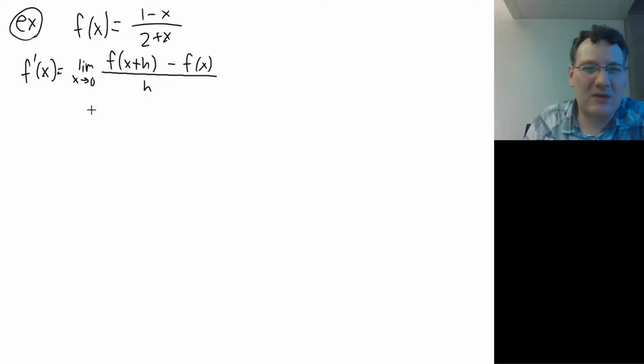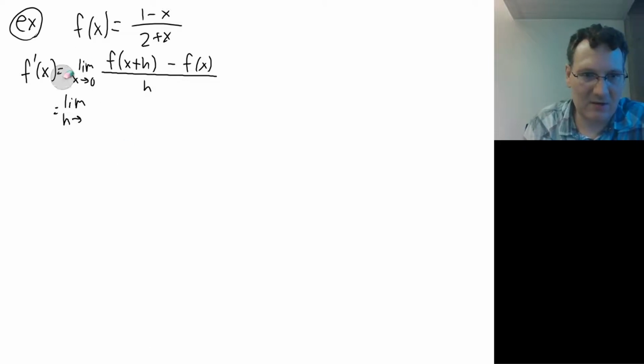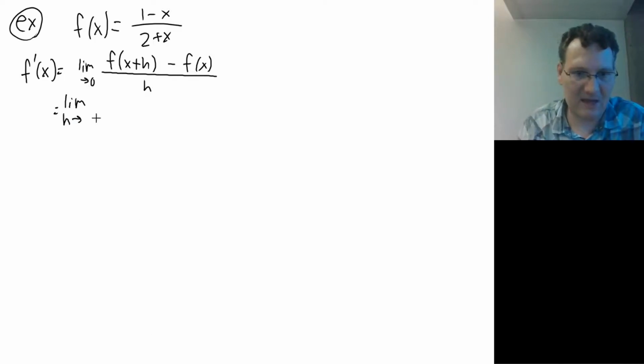Now I'm going to take the 1 over h out to the front. And you can see I made a little mistake over there. This is the limit as h goes to 0, not x goes to 0. So let's fix that. Okay, h goes to 0.